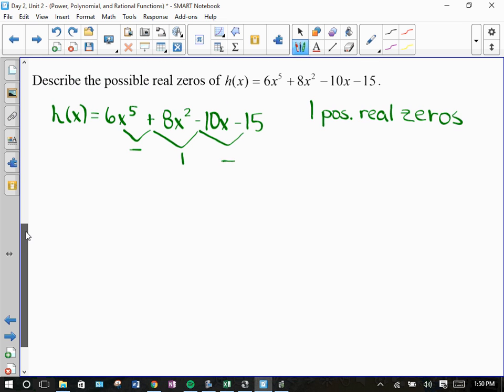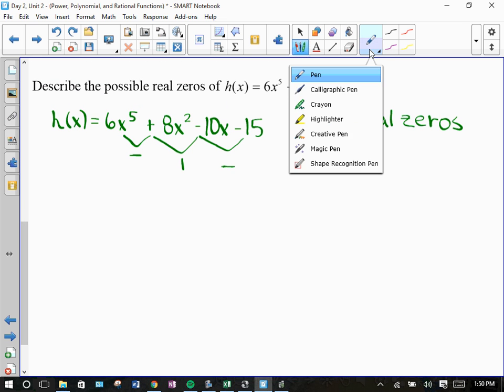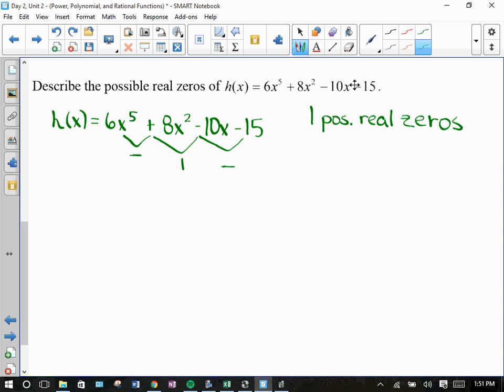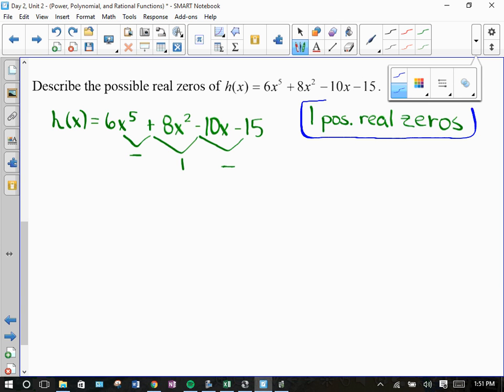Alright. So there's definitely, for a fact, absolutely certain, one positive real zero. This function has to cross the x-axis somewhere on the positive side, for sure.